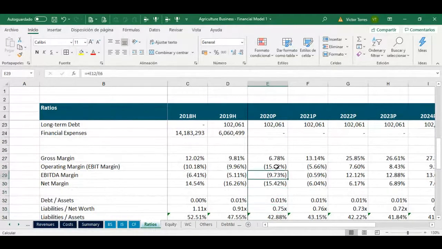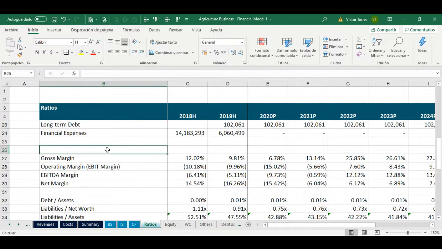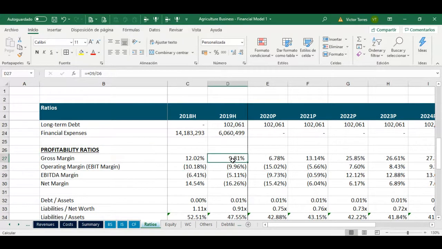What I wanted to highlight, first of all, is to go with the typical profitability ratios. These are our typical ones I'm highlighting here. These are the profitability ratios you're going to be familiar with: gross margin, margen bruto, operating margin, margen operativo, EBITDA margin, and net margin.